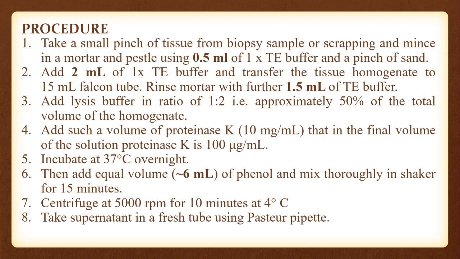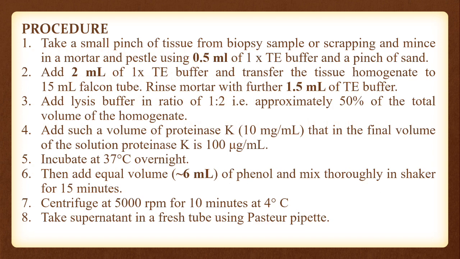Then add proteinase K, 10 milligrams per ml, so that in the final volume of solution proteinase K is 100 micrograms per ml. After adding proteinase K, we will incubate that homogenate and proteinase K solution at 37 degrees overnight.